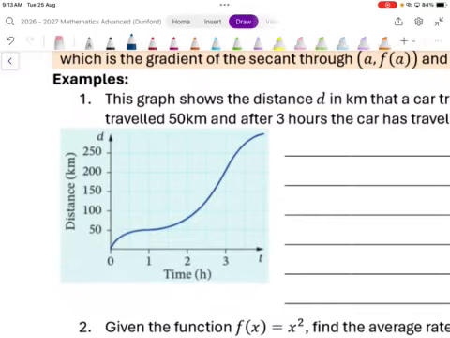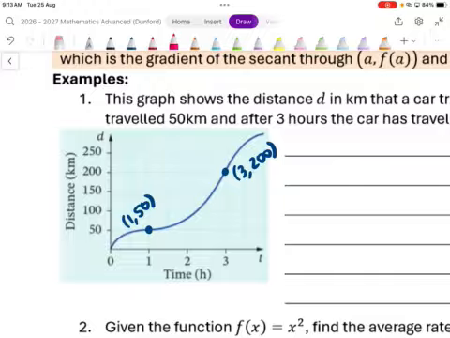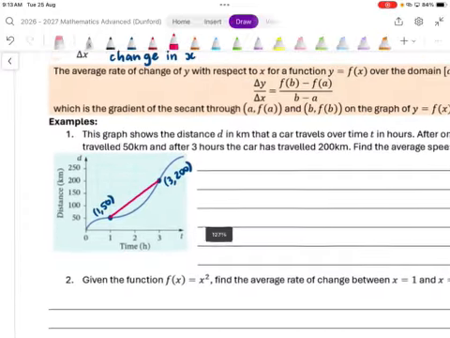So on our graph, we're going to put a dot at 150. So that's at 150, and we're going to also put a dot up at 200. And then we're going to draw a line between our two dots because we are going to be finding the gradient of that secant, okay, which is that line.